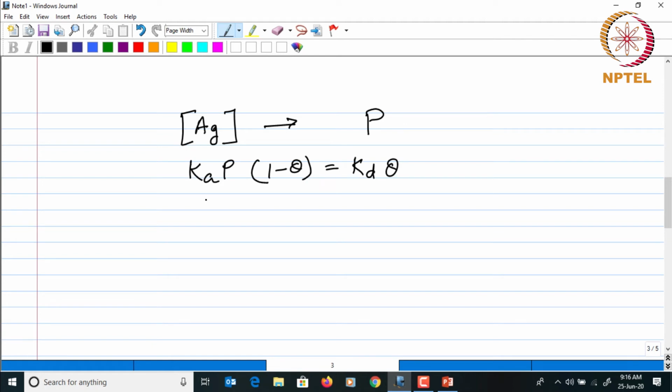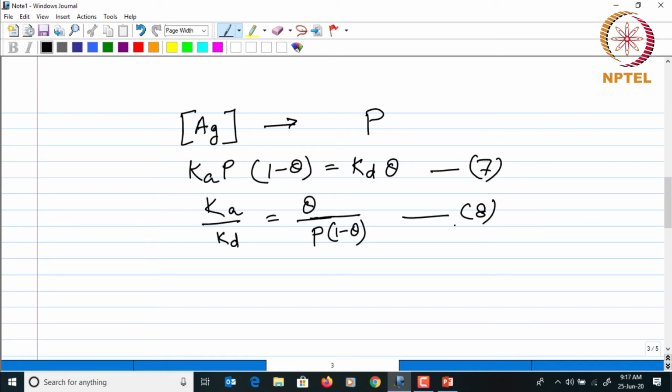And if we rearrange this, we can write this, right, and here this term Ka by Kd is nothing but the equilibrium constant Keq.